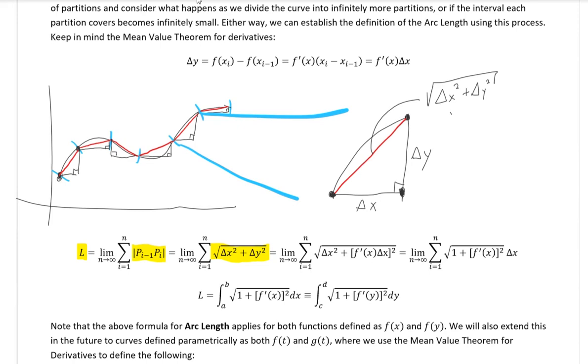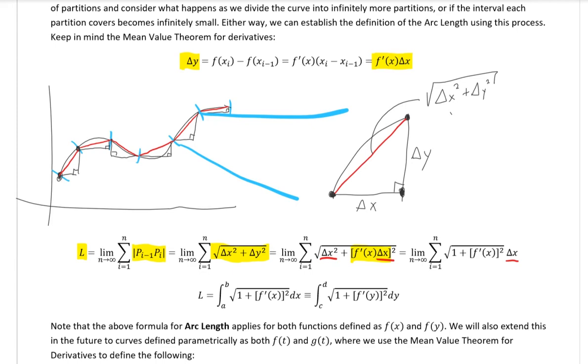Well, from the mean value theorem for derivatives, we can change the delta y, or the change in y, into f prime delta x, so we get this expression right there. And then because we see delta x squared in both of these terms, we can factor that out and then pull it out of the square root and just have delta x sitting outside the square root.